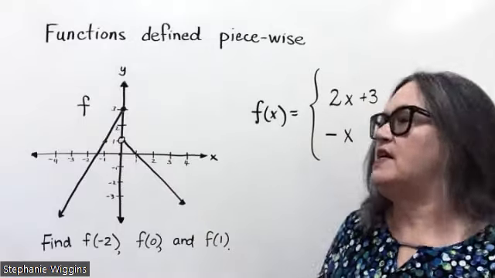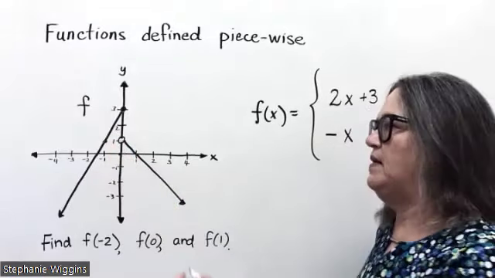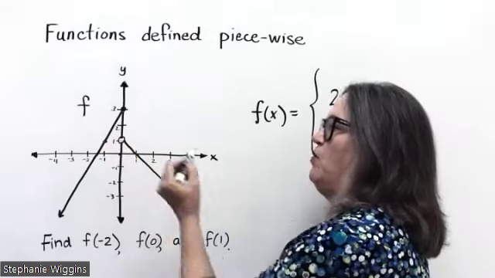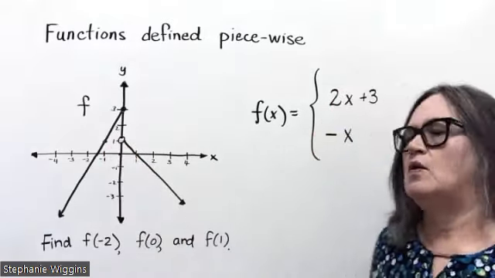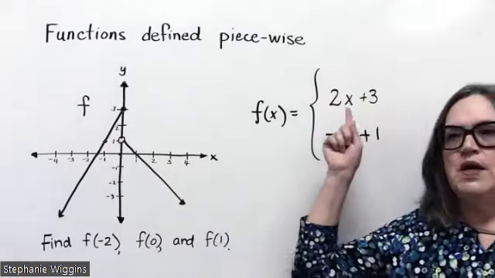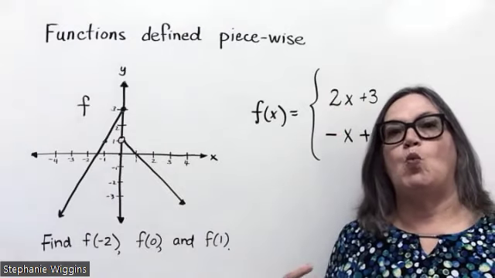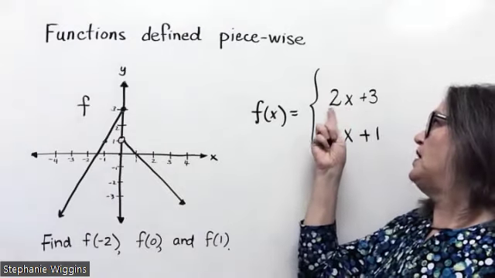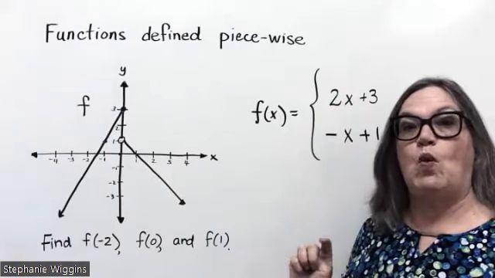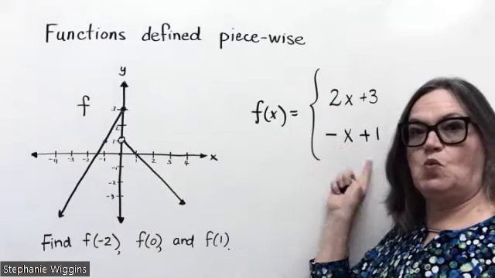And the would-be intercept, it's not actually intercepting the y-axis here, but imagine if that point were filled in, the would-be y-intercept would be +1. So we have 2 representations of linear functions, but we have to specify when the function is represented by 2x plus 3 and when the function is represented by -x plus 1.